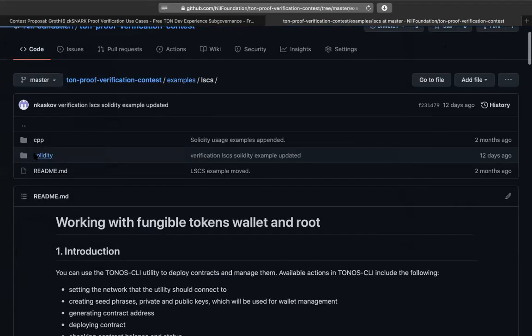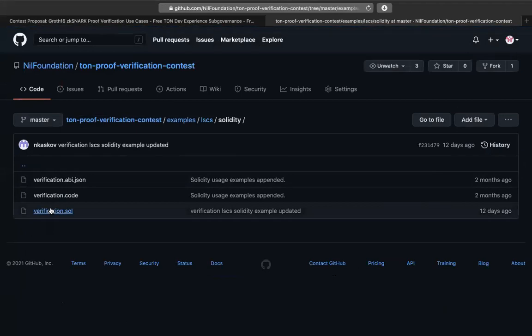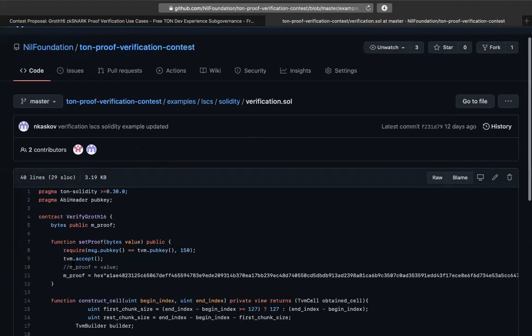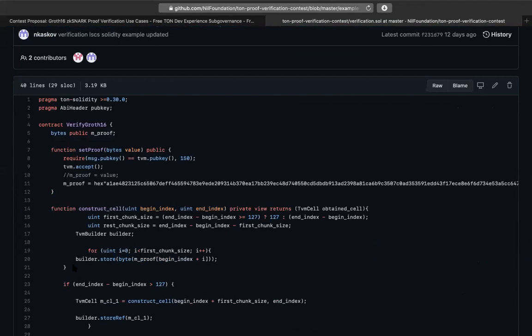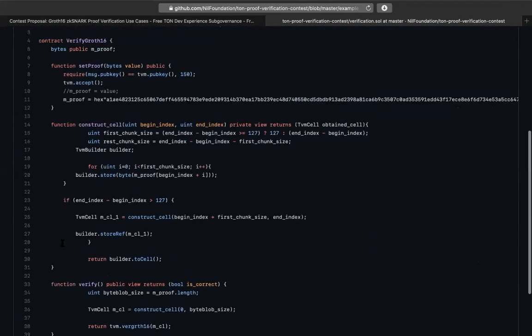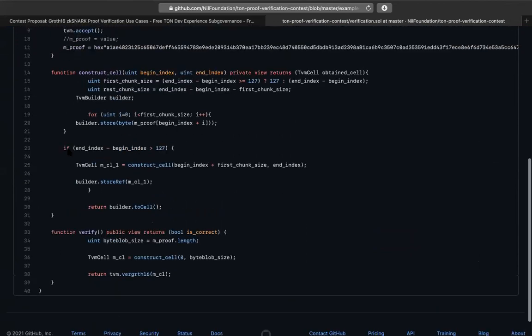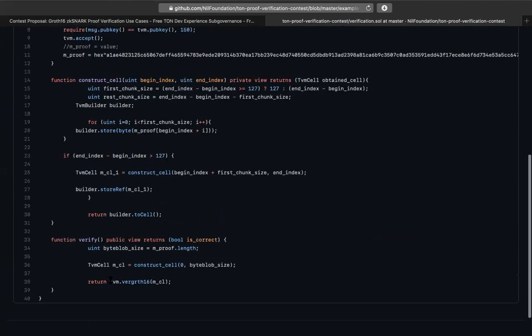It's probably going to be Solidity code, most probably. And yes, the proof is hard-coded in here. Anyway, this is going to be Solidity code which will involve usage of this extension.